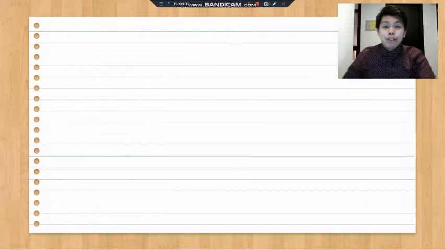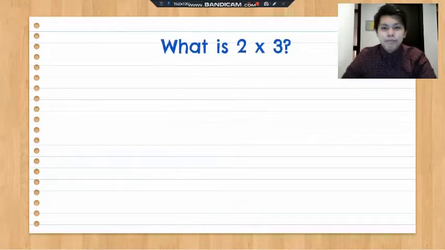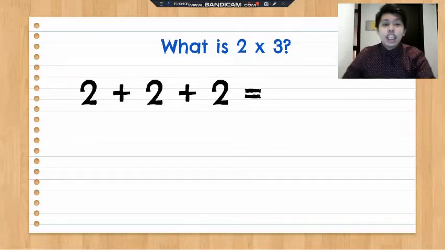Let's have our first example. What is 2 times 3? Now remember last meeting, you already know how to do the repeated addition. So that is 2 plus 2 plus 2 because you need to add 2 three times.